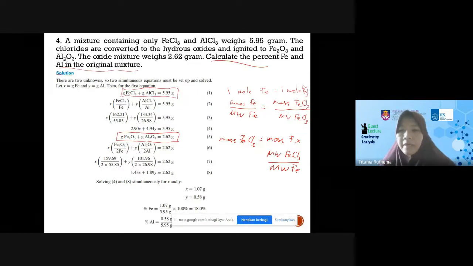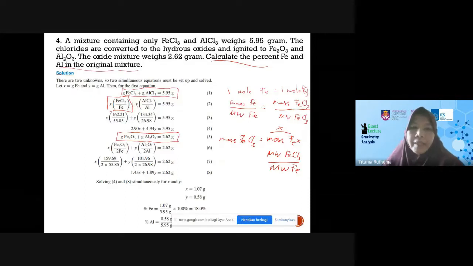The mass of Fe here is X. So X times the molecular weight of FeCl3 divided by the molecular weight of Fe. And in the same way for AlCl3: Y times the molecular weight of AlCl3 divided by the molecular weight of Al equals this.